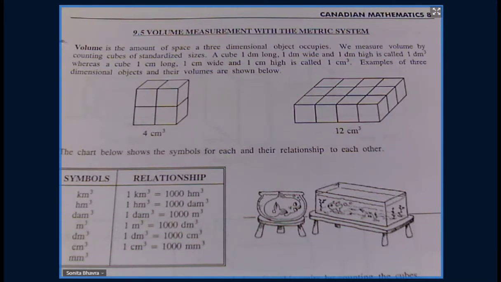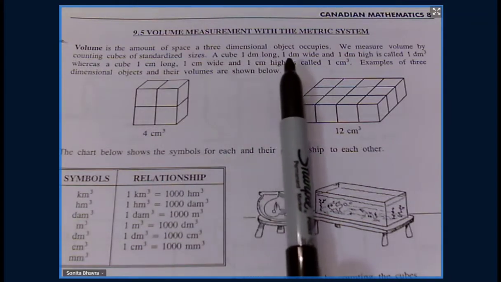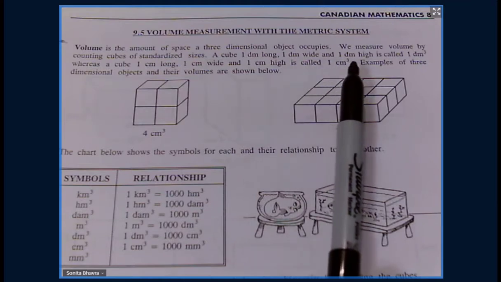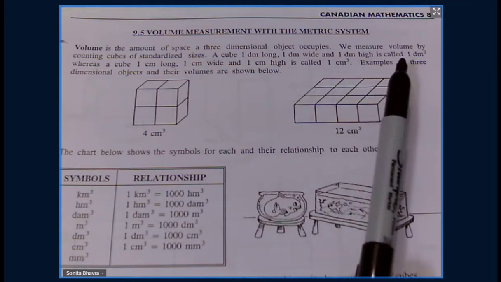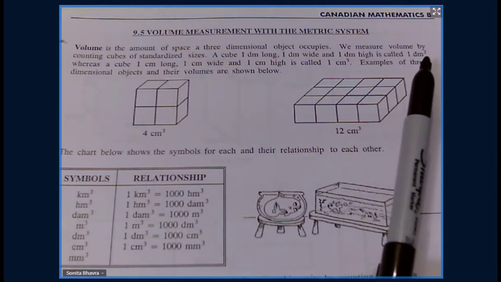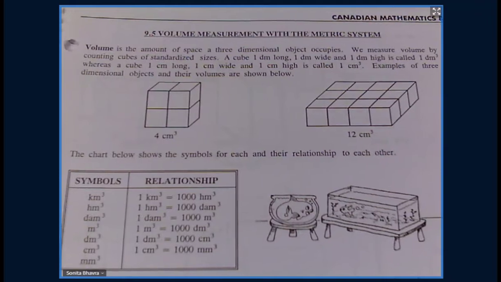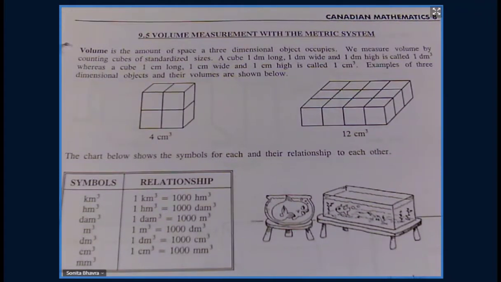If you had a cube that was 1 decimeter long, 1 decimeter wide, and 1 decimeter high, then the volume of it would be 1 decimeter cubed. So you'd have that 3 as an exponent. Anytime you see that cubic unit with the 3, it means we're looking at volume.